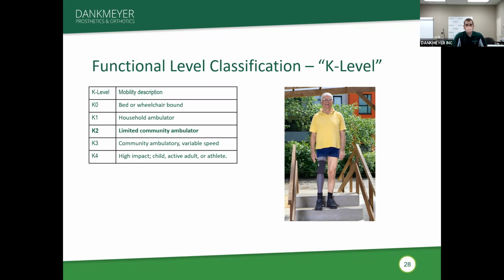Sure, anyone can walk a little faster or a little slower, but we're really looking for that wider range, variable cadence, and their ability to traverse environmental barriers. This group might have a little bit more trouble with stairs and curbs, and will typically still require an assistive device, potentially even when out in the community.